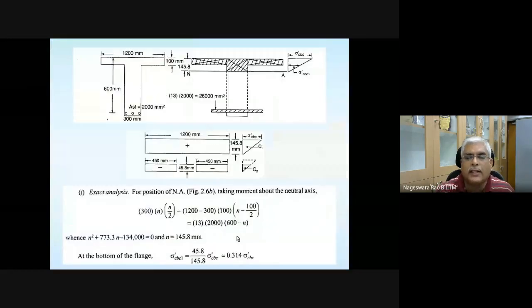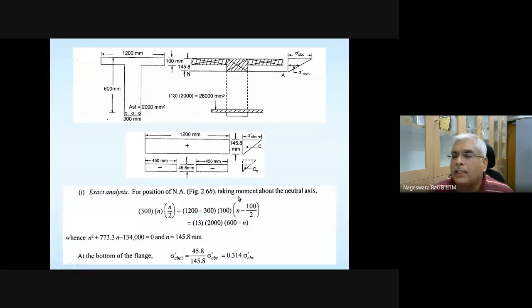Let's see here, we did exact analysis. Please note that what is happening is because of this small rectangular portion of compression in the web region, all these complications and calculations are coming.